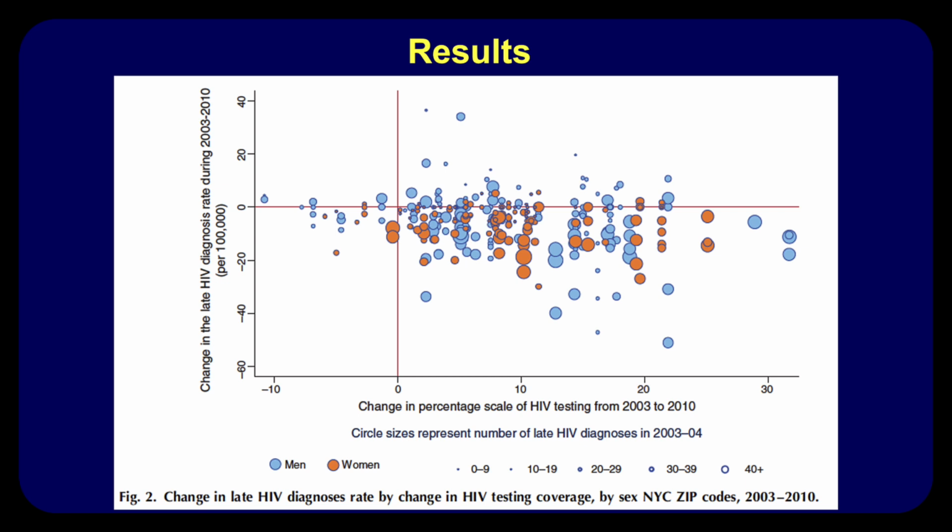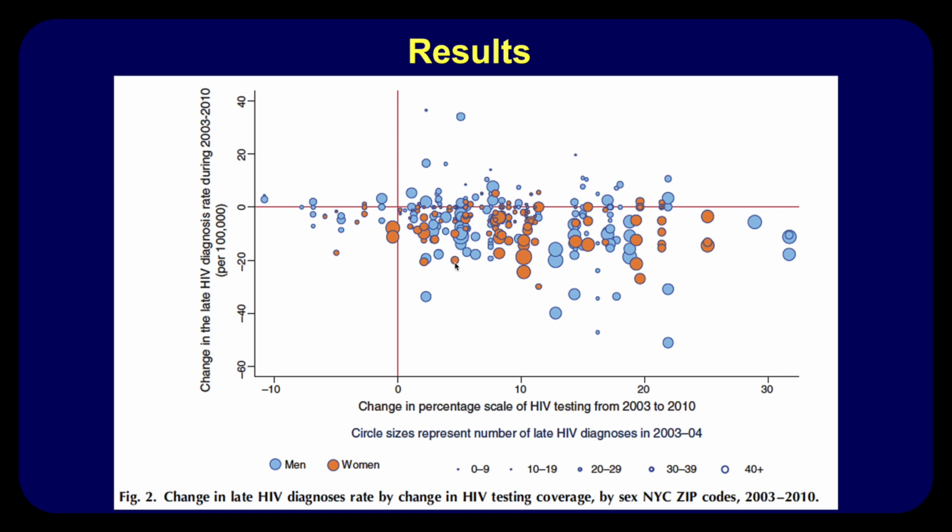And here we took that data, another example of visualization, and plotted it. This is the neighborhood level data, with the change in the HIV testing rate here on the bottom. So those neighborhoods where it changed the most are on this end of the axis. And here we have changes in the late HIV diagnosis rate, so those areas where it decreased the most are on this end of the axis. The different colors show the rates for males and females, males in blue and females in orange.